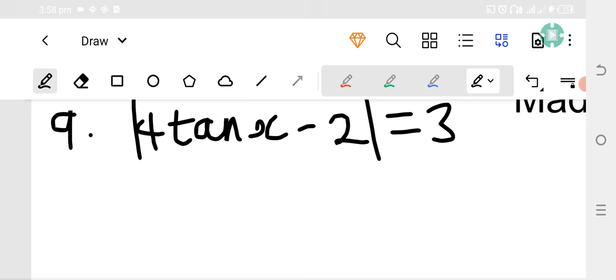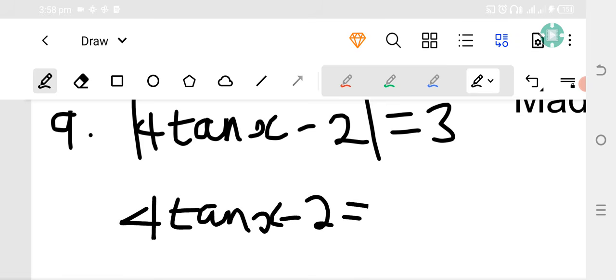4 tan x minus 2 is equal to plus or minus 3, because we are considering the positive values and the negative values.